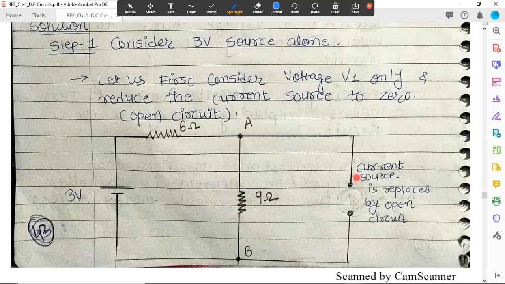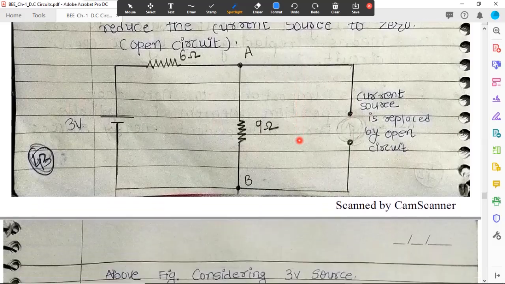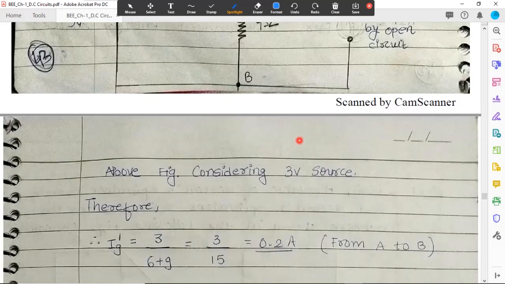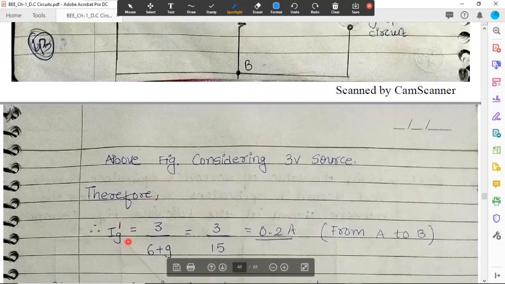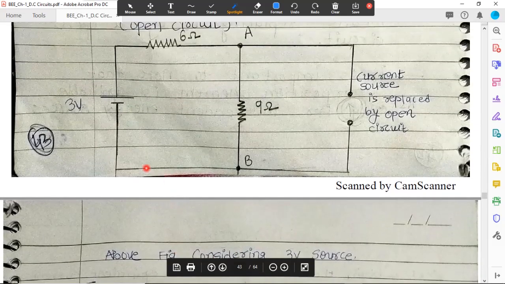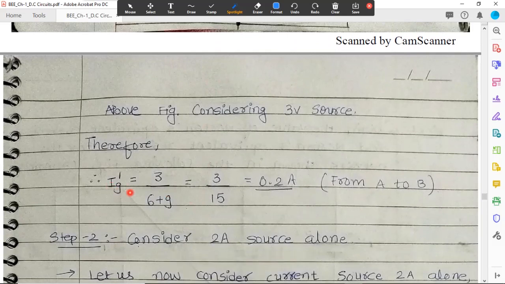The remaining source is open circuited because it is a current source. Now the current through the 9 ohm resistance is given by I9 dash equals total voltage 3 upon total resistance 6 plus 9. So I9 dash equals 3 by 15 equals 0.2 ampere from A to B.